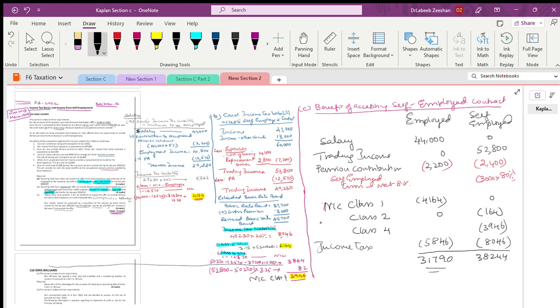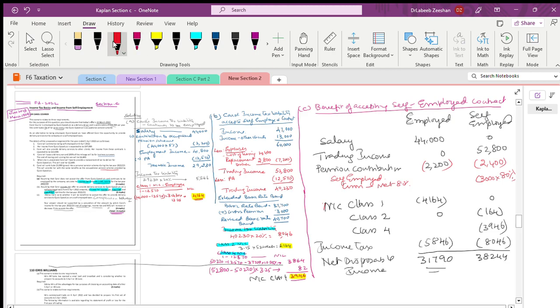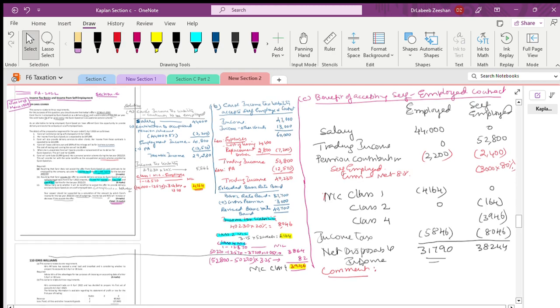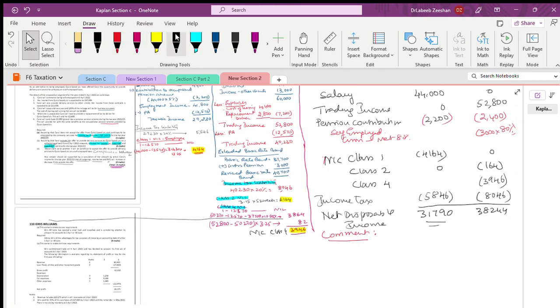This is what they are asking us. This is the net disposable income, and you have to write the comment. For that they will give you marks. Everything is very calculative.